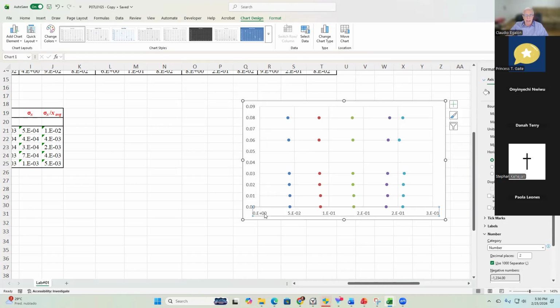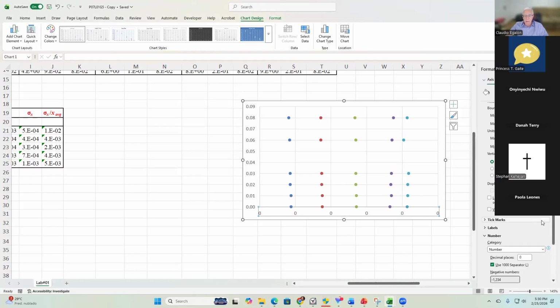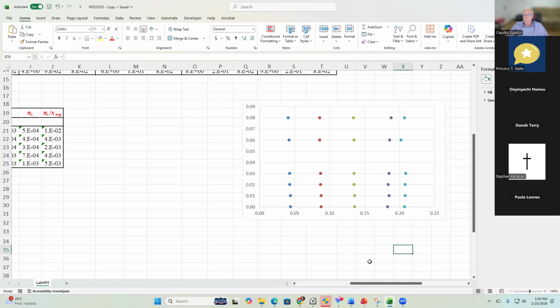We do the same for the x-axis, for the labels of the x-axis. Here you go. Number, scientific, you change numeric, but then you increase the decimal places to 2. Yeah, 0, 5, 10 centimeters, 15 centimeters, 20 centimeters, and so on, right?